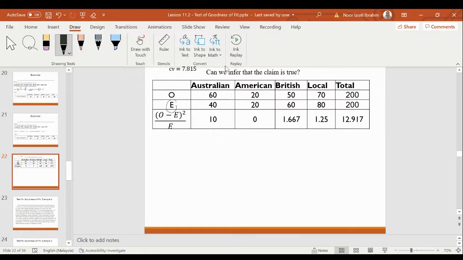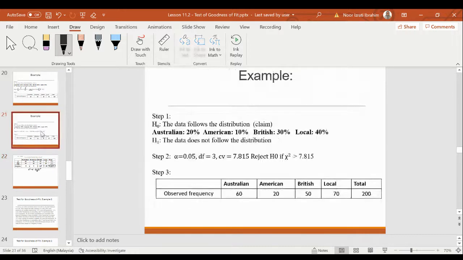Chi-square is the summation of (O minus E) squared over E. So you add 10 plus 0 plus 1.67 plus 1.25, which equals 12.917.